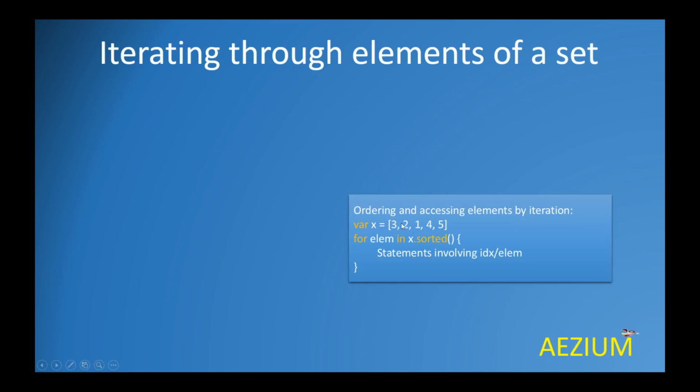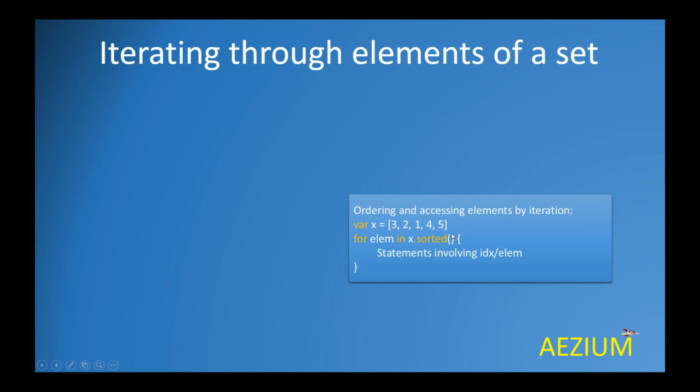As I mentioned before, sorted can be used to order the elements of a set. So inside the for-in loop that I just mentioned, we could first sort this by using x.sorted.